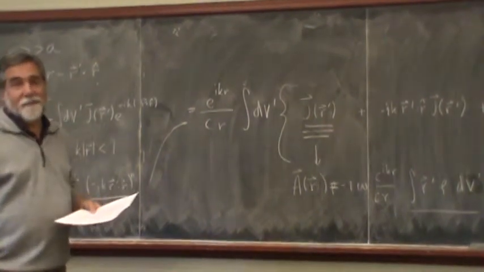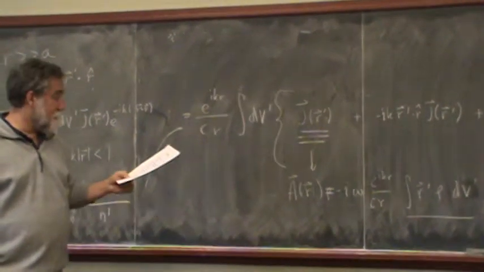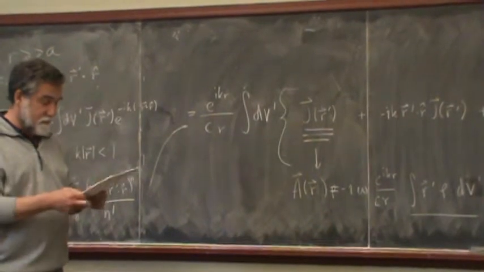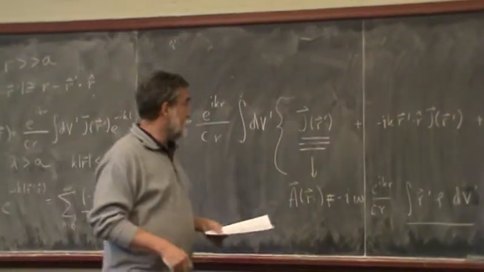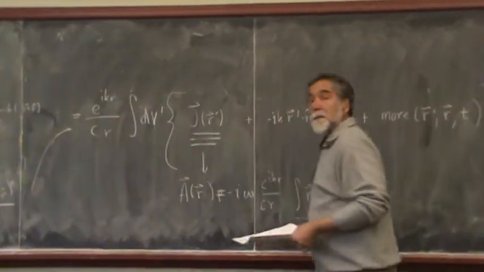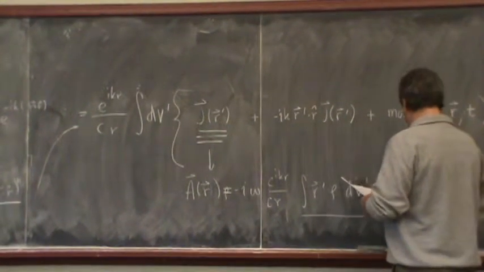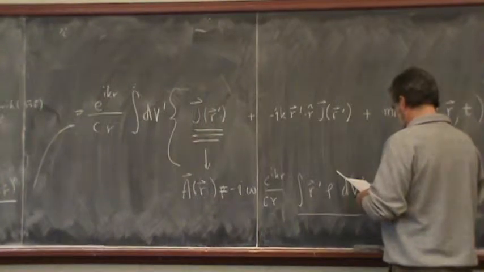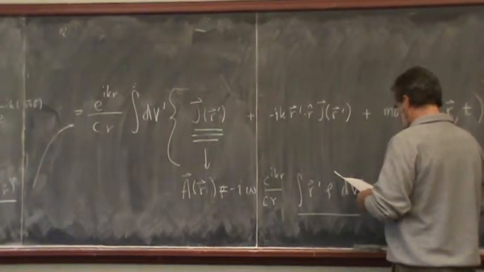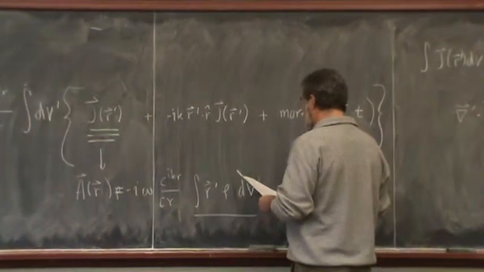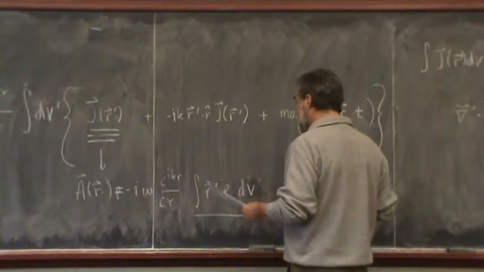How much use have we gotten out of inventing that? I've gotten quite a bit of use out of it. I like it everywhere here at least. This is the dipole moment. I screwed something up here. Oh, yeah. Omega over c is k.